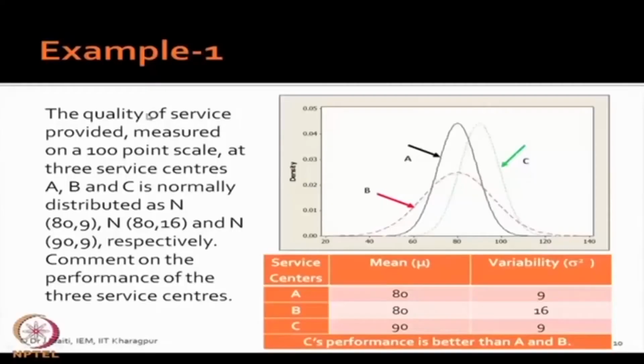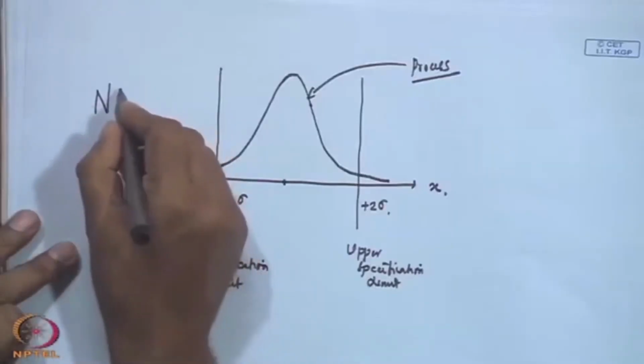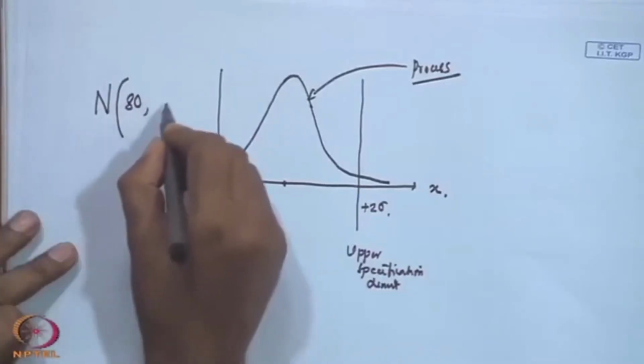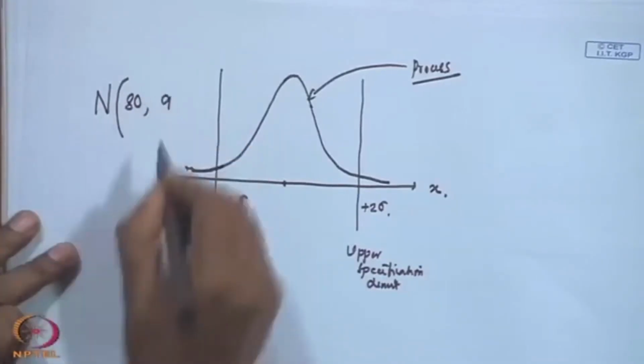This is another example. The quality of service provided, measured on a 100-point scale at 3 service centers A, B and C, is normally distributed as N(90, 9) for one of them. Here 90 stands for the mean value and 9 stands for the variance, because our general notation, which we will follow all through, is N for normally distributed, then mu, comma, then sigma square.